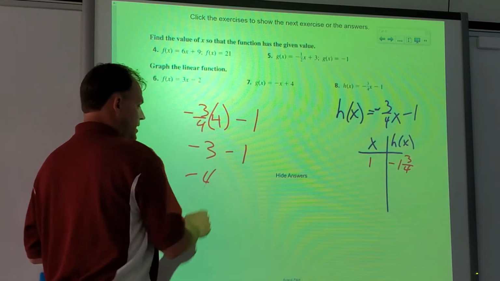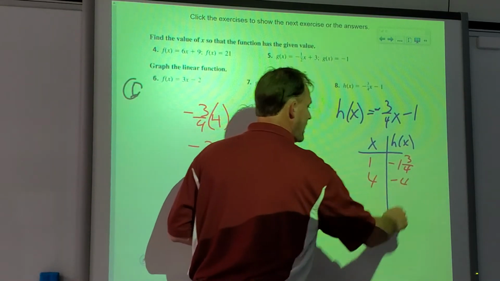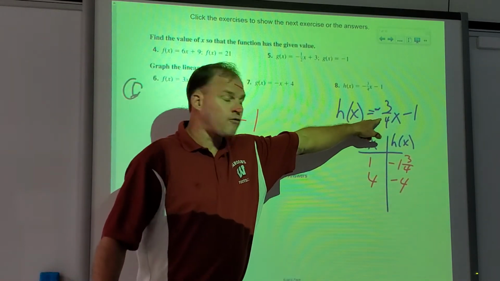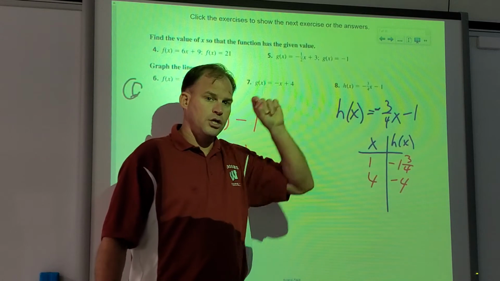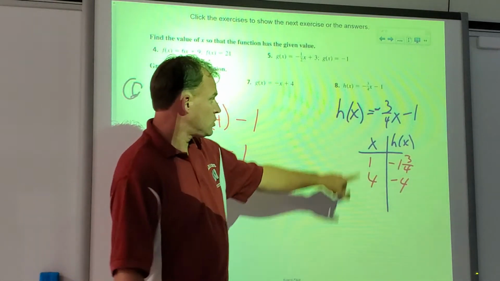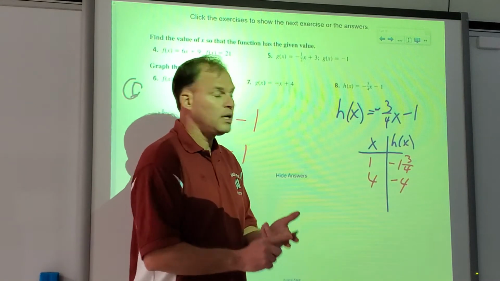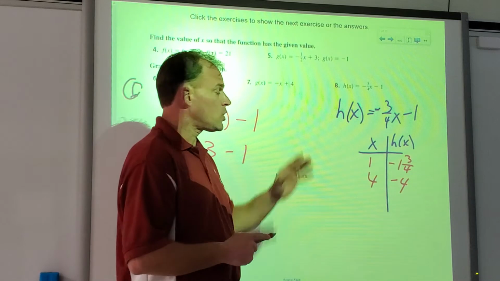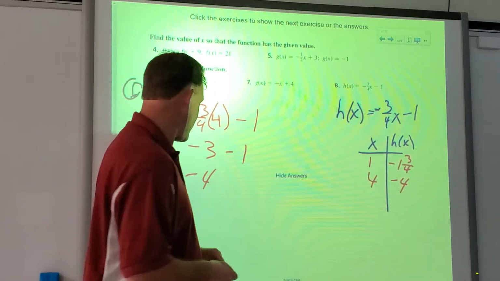Add that together, I get -4. So when I plug in 4, I get -4. That's easy to graph. So if there's a fraction coefficient, you should choose multiples of the denominator. So here I would do 4, 0 is always a great one, -4, 8. Those would be the numbers to plug in on a problem like this.